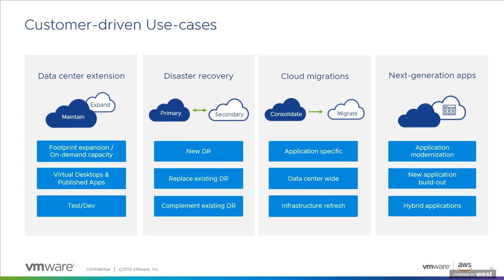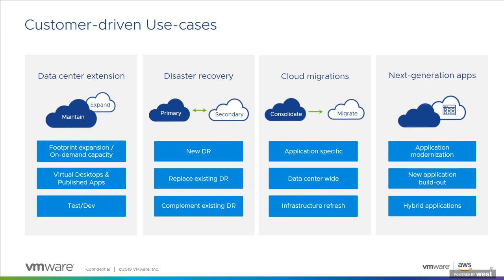So we found a consistent set of use cases that resonate across the board, and the four main use cases that we see customers adopting VMware Cloud on AWS for are typical things like cloud migration, data center extension, disaster recovery, and also things like next generation apps.